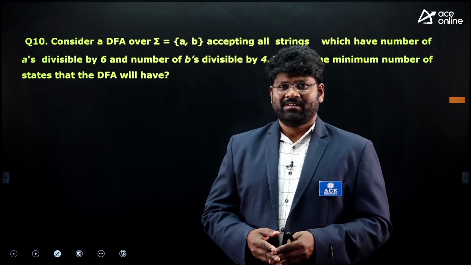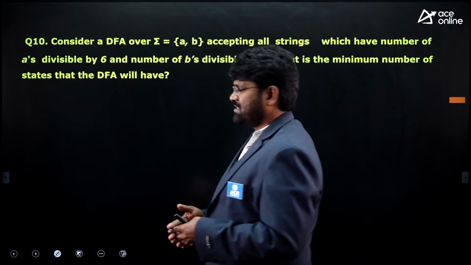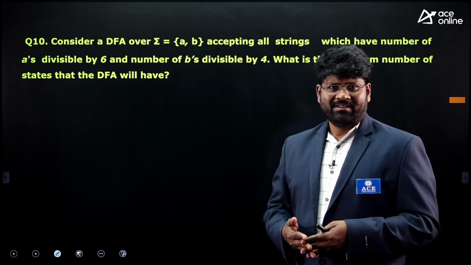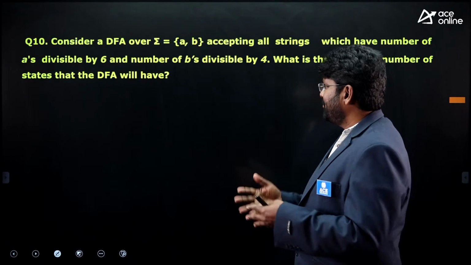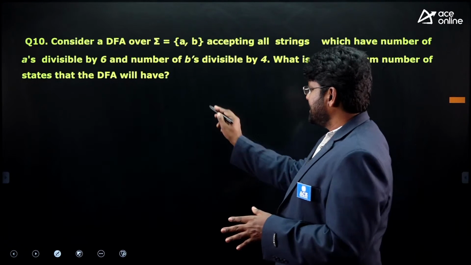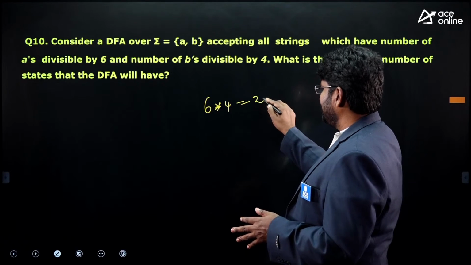The right answer for this question: a's are divisible by 6, b's are divisible by 4, right? Ultimately, this requires 6 into 4, which is 24.